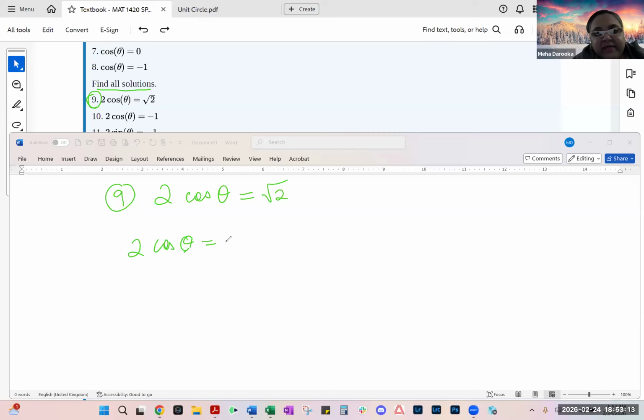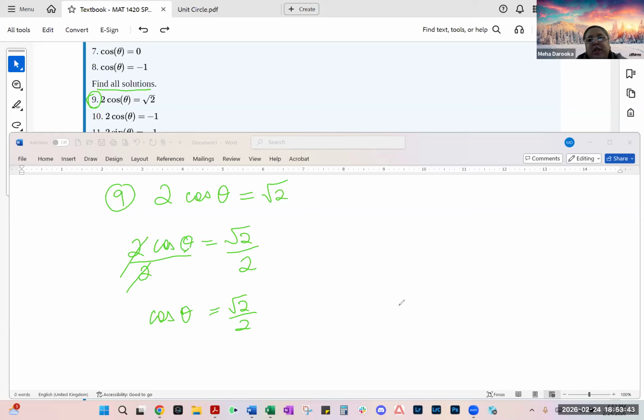Since you have 2 times cosine of theta, you will need to divide both sides by 2 so you can get cosine by itself. So that's the easy part. Now, take a minute, look through. I believe you should be able to find the answer on the unit circle. Look through and tell me what the value of theta should be, where the cosine has square root of 2 over 2 as its value.